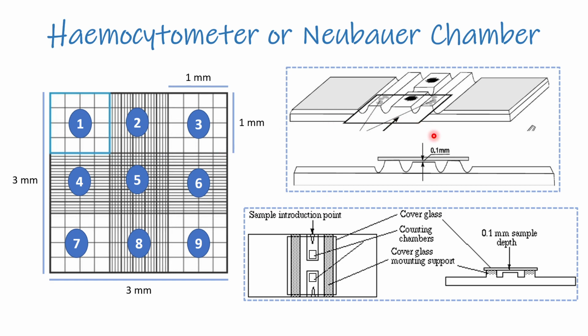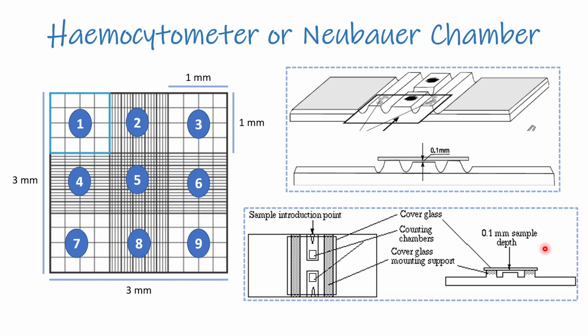Now, from the side of the haemocytometer, what I want you to pay attention to is the depth of the sample. Here we can see that there's a fixed gap. This fixed gap is made by the cover glass and the cover glass mounting support over here. So this ensures that no matter how much sample you put into the haemocytometer, 5, 10, 20, 30 microliters, it doesn't matter, because the depth of the sample is always fixed at 0.1 millimeter.